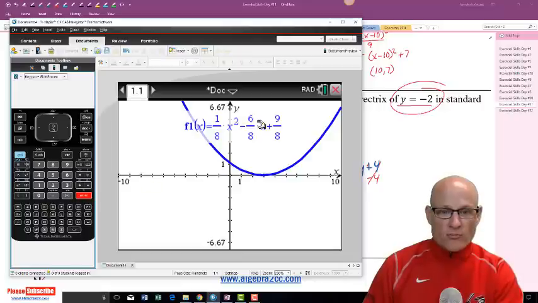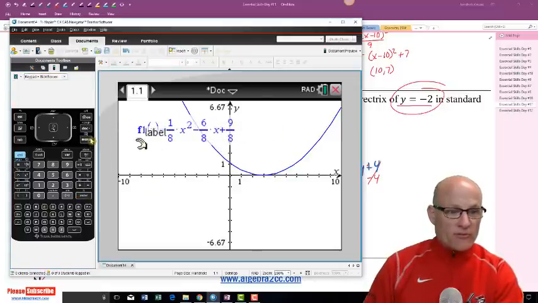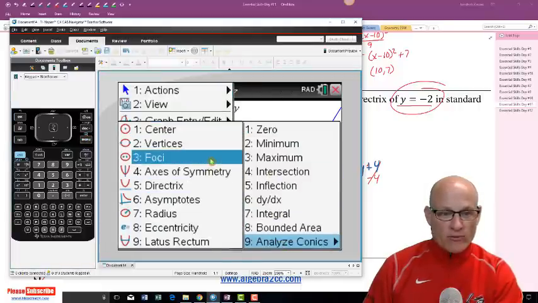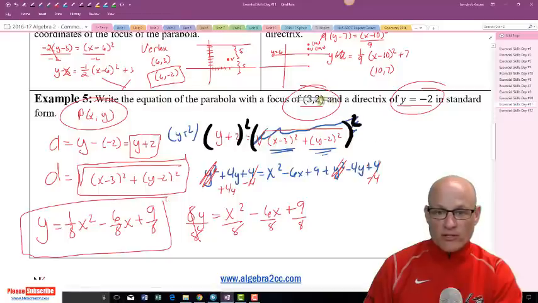Enter. So if this is right, I should be able to analyze this conic and get the focus and the vertex. So I'll go to Menu, Graph, Analyze Conics, and I want the focus. Click on it. (3, 2). Is that what they told me the focus was? (3, 2). There it is right there.